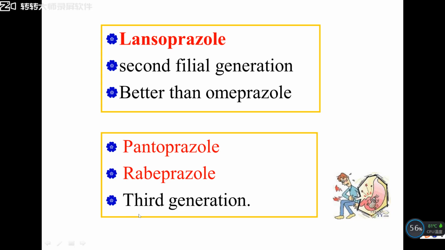They are the third generation hydropotassium ATPase inhibitors. They have higher efficacy, better than omeprazole, but you also know they are more expensive than omeprazole. Okay.